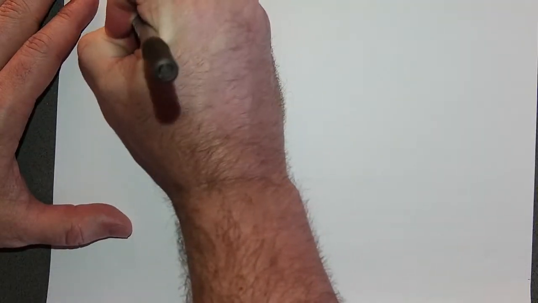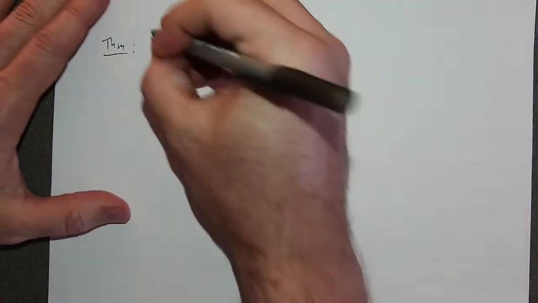So the first theorem I have that shows this is the statement that every graph is isomorphic to the center of some graph.